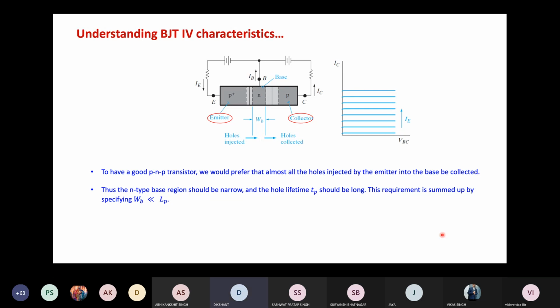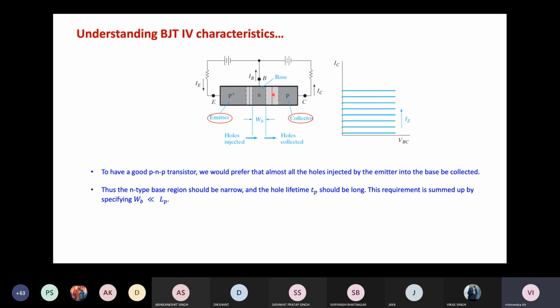So actually this IC is coming from the IE part. Some part is going to IB and some is going to the collector part. This IC is actually the reverse current in this case. If we just look at this base-collector junction, this is a good question, I would say.